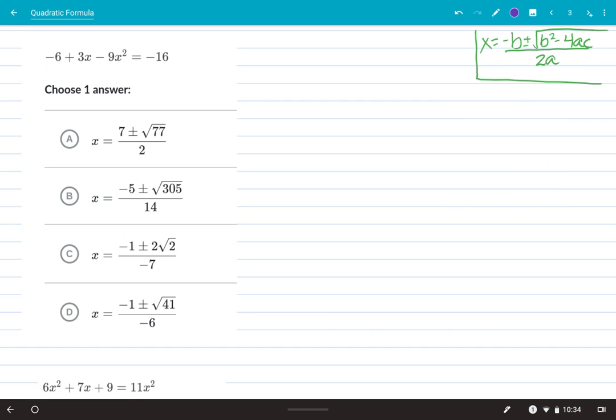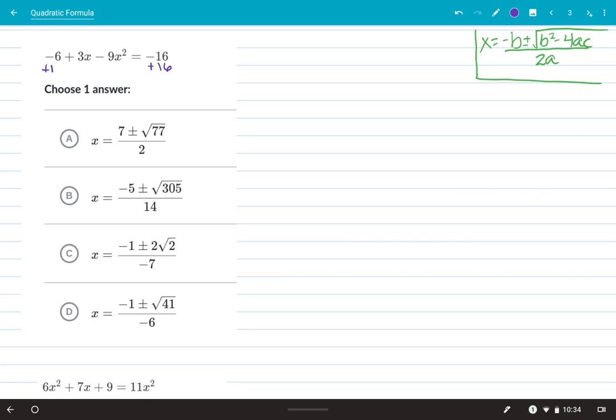Okay, very first thing you can see with this equation, it's not in the order we want it to be. We want to move the 16 to the other side because we want it to equal 0. But we also want the x squared in front, so I'm going to write that first. Then I want the x, and it is a positive, so I'm going to keep that.